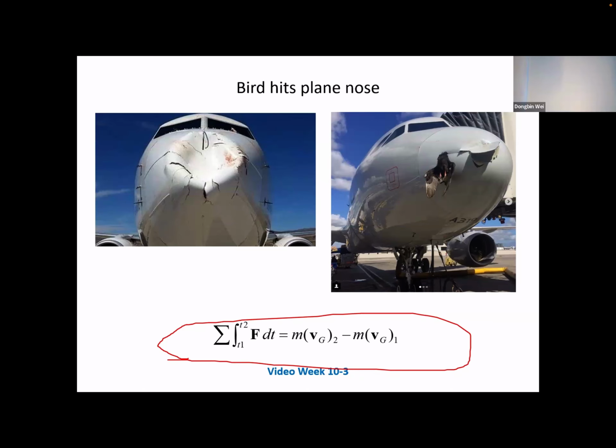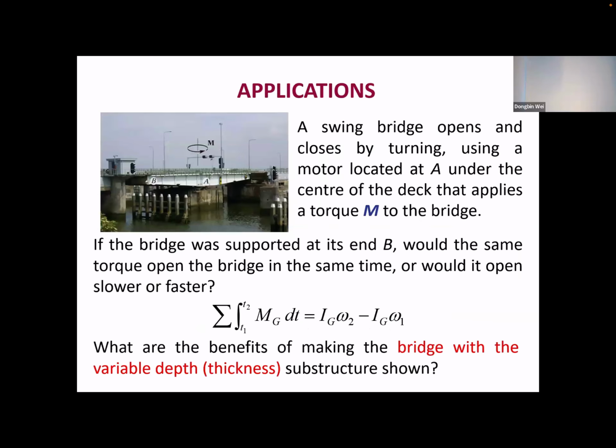Okay. Applications. Here you can see a swing bridge.